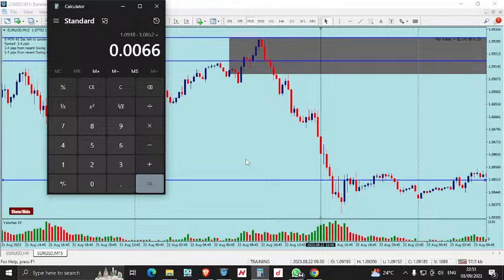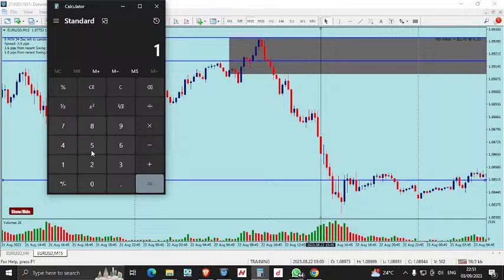But for me, at times I risk up to 5%. But for a beginner, for a start, risk 1% of your account. So let us do the calculation. 1% of $500 will give us what?